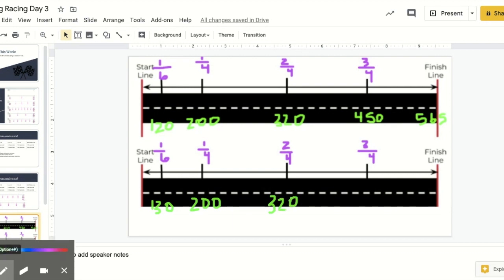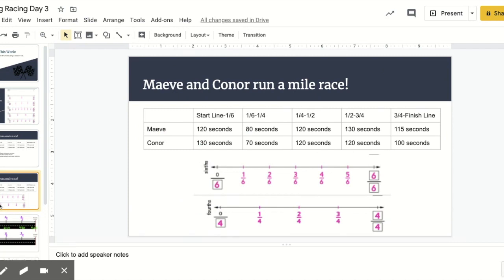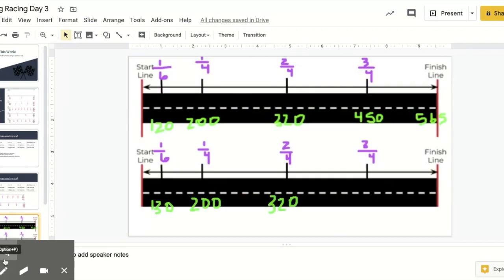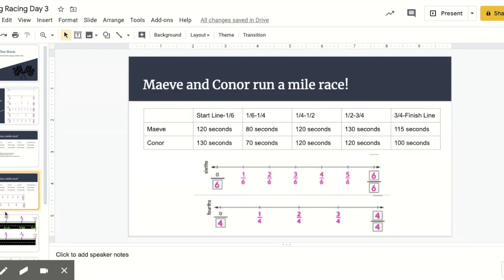Next, he ran 2/4 of a mile to 3/4 of a mile in 120 seconds again. So I need to add 320 plus 120, which gives me 440. And finally, from 3/4 of a mile to the finish line, he made it in 100 seconds.